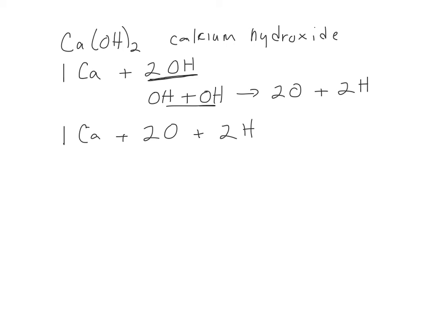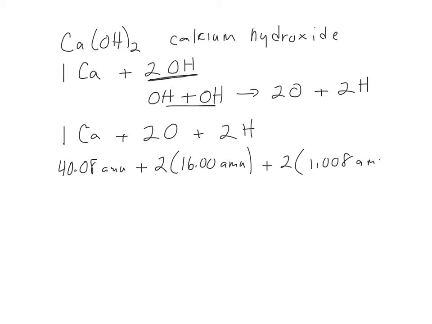Okay, so we'll start at the left. So calcium, if we look on the periodic table, has an atomic mass of 40.08 AMU. We have two oxygens at 16 AMU, and we'll add to that 2 times 1.008 AMU for the hydrogens.